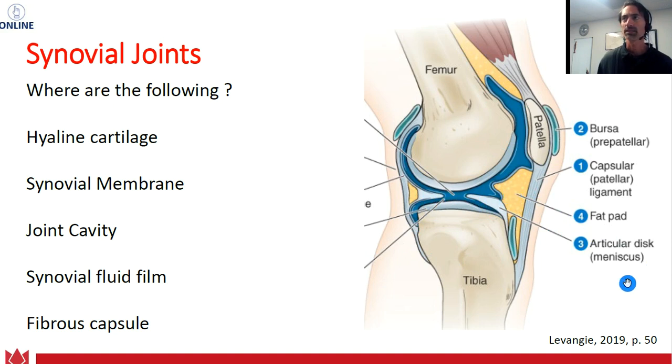But in particular, let me see if I could point this structure out here. So if we look at the ends of the bones, what kind of cartilage is at the very end of the bone? It's not the meniscus. What is that structure?